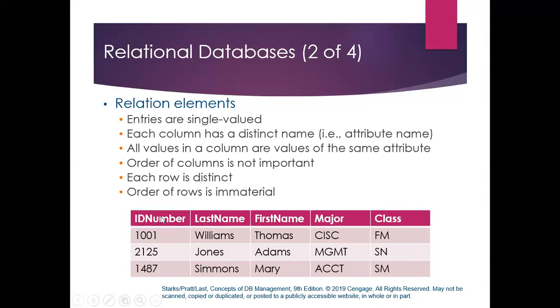No two columns or fields share the same name. And of course, going back to the first element, entries are single valued. If you look at each of these cells, there is none containing two values. So no cell should contain two values. No entry should have two values.